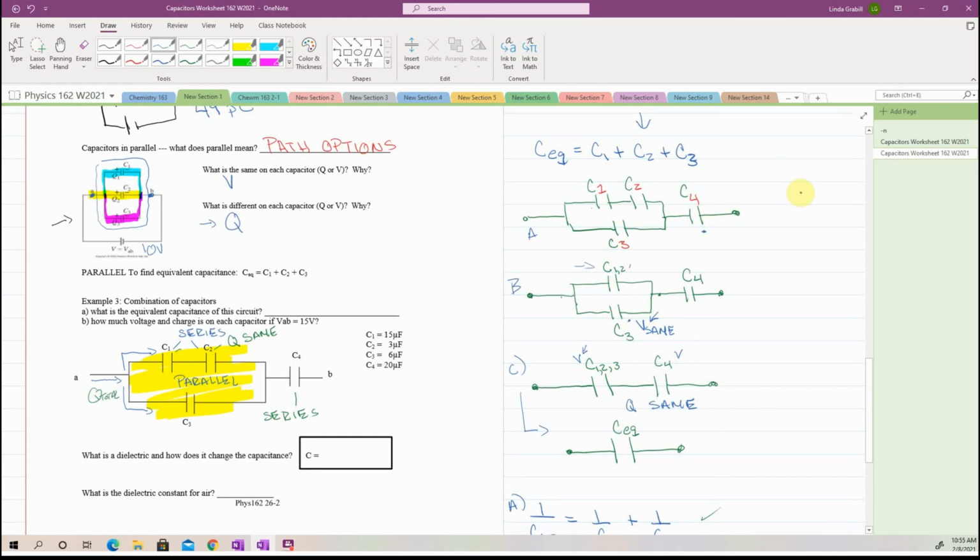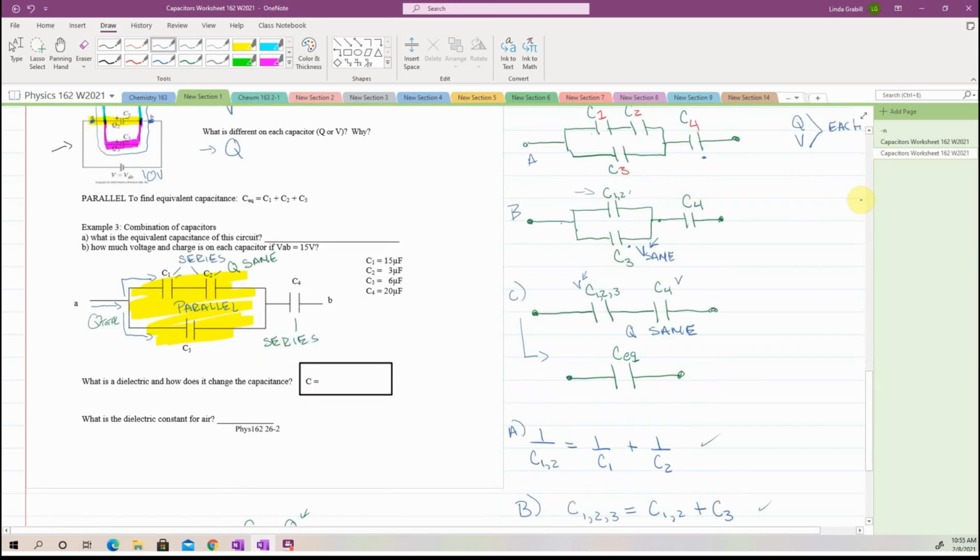I want to know how much Q and what is the potential drop for each component. That is the ultimate name of the game. So first, the equivalent capacitance gets us to how much charge. Then we can take that information along with knowing if something is in series or in parallel, what we're going to get.